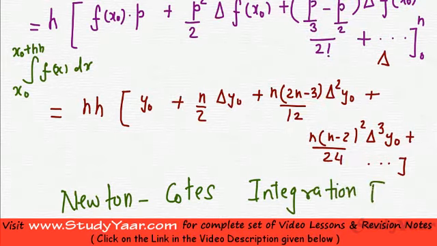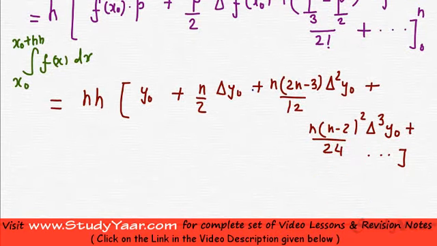Now on the basis of this particular formula, we are going to derive a few other formulas that help us to numerically integrate a given function. I can simplify this formula if I can say that my f(x) approximates to a polynomial of degree 1.